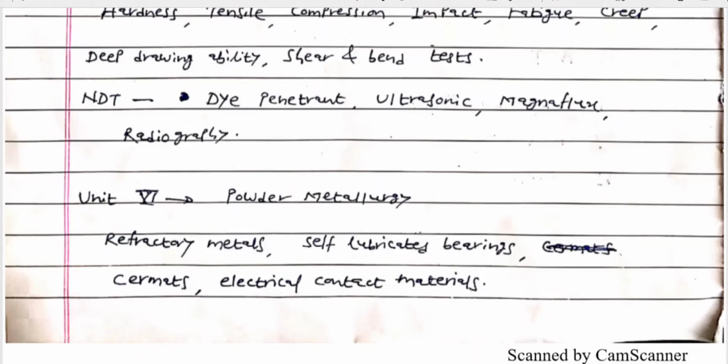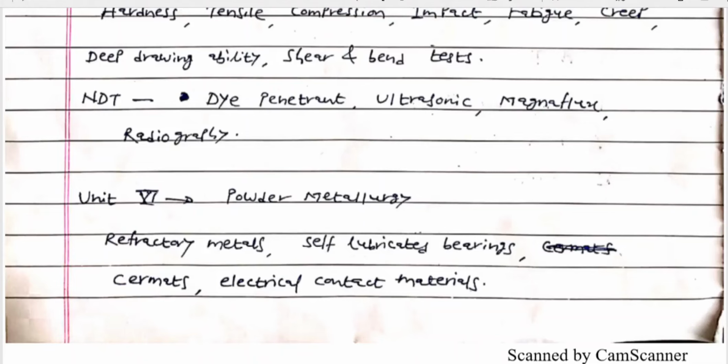So the first step is to produce the powders, and in the second step, pour the mix of powder in the die cavity and subject it to compaction. Press them in the die cavity with the help of either a mechanical press or hydraulic press, depending upon the size and shape of the powder metallurgical product.